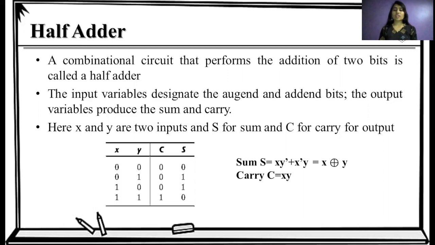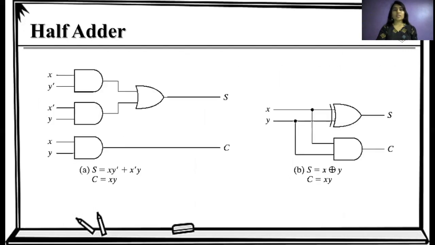And for carry, we have only one output as a result in a 1. For x and y equal to 1, we have C equal to 1. So the equation of carry, C is equal to xy. So using these equations, we can implement the logical diagram of half adder.